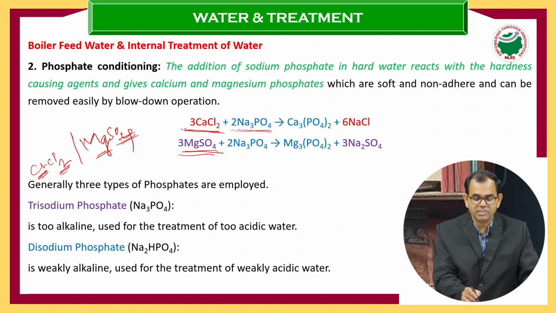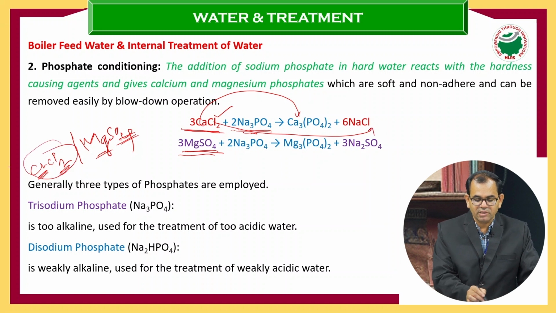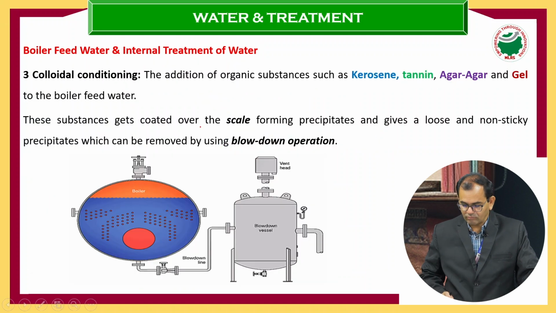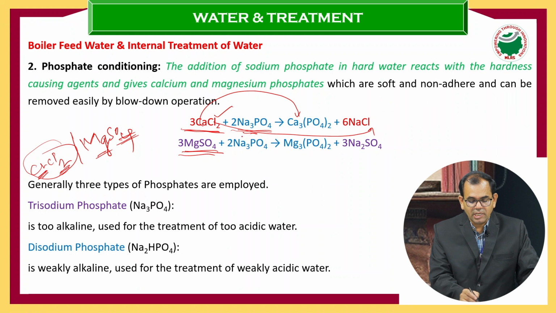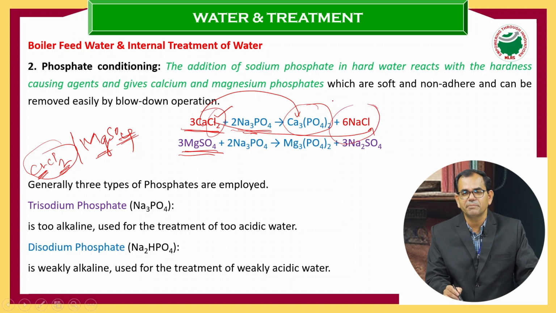The calcium from the calcium chloride combines with the phosphate of trisodium phosphate, and the chlorine goes out as a byproduct with sodium, NaCl. So calcium chloride has been dissociated into 2 parts: calcium combines with phosphate of trisodium phosphate, and chlorine combines with sodium, giving sodium chloride as a byproduct.